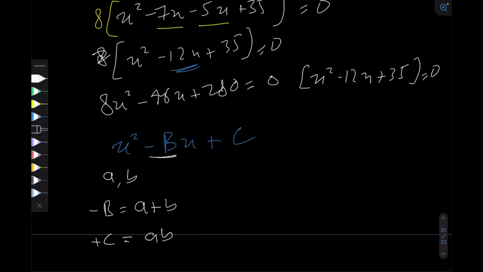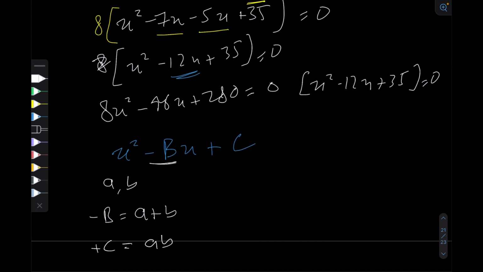So in a quadratic we have two roots, and any two numbers a and b can basically be written as (a plus b) over 2, which is the average, plus some distance, and (a plus b) over 2 minus some distance.